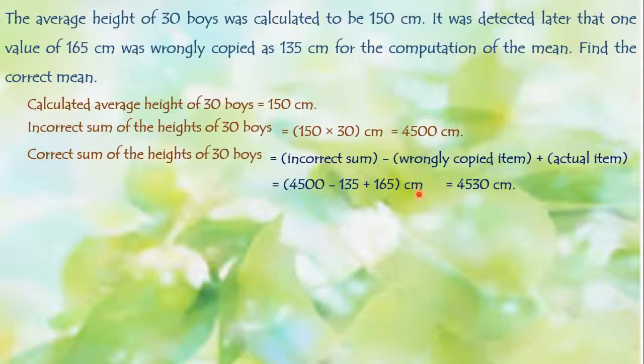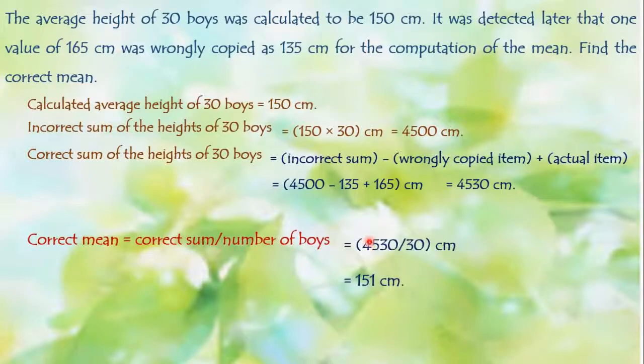The answer we got is 4530. It is the correct sum. So total 30 students are there. The number is not changed. We found the correct sum also. So we can find the correct mean. Correct mean will be correct sum divided by number of boys. It is equal to 4530 by 30, which is 151 centimeter.